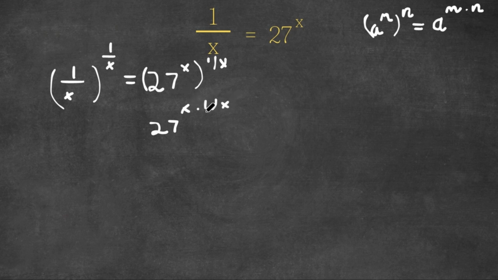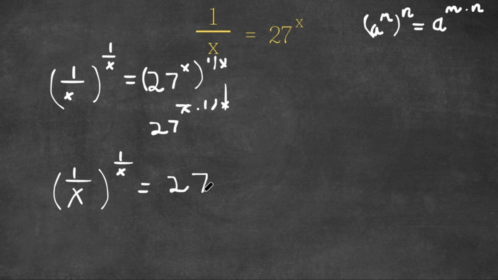For x times 1 over x, these x's simply cancel out, and we are left with 1. So this would be (1/x) to the power of 1/x is equal to 27 to the power of 1.